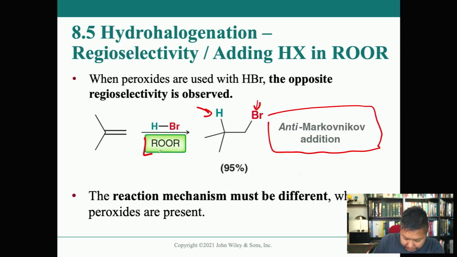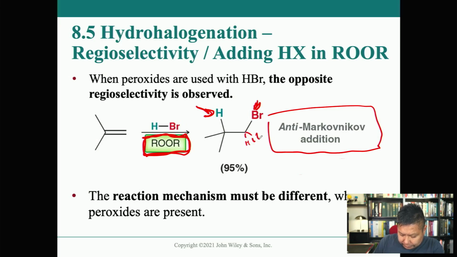So just know that if you do an addition reaction in some kind of peroxide, you're going to get the anti-Markovnikov addition: hydrogen on the side that's more substituted with the two methyl groups, and bromine on the side with the two protons right here.